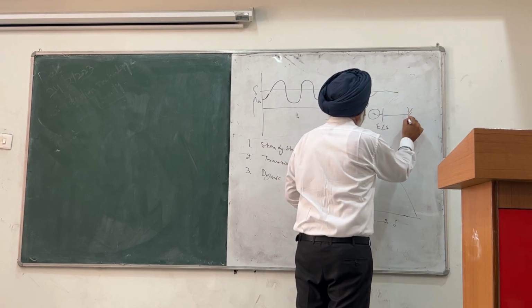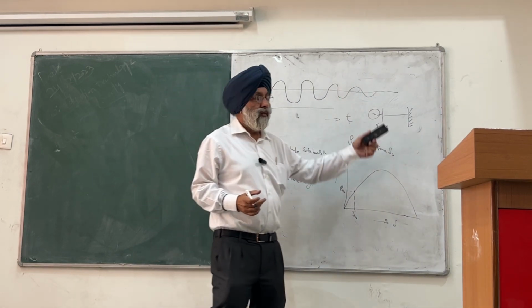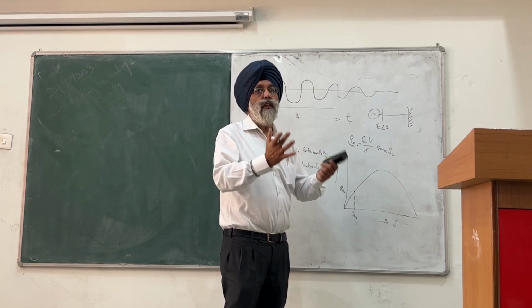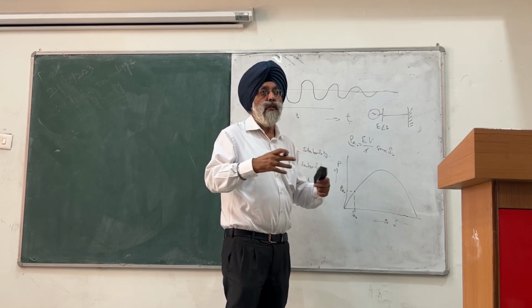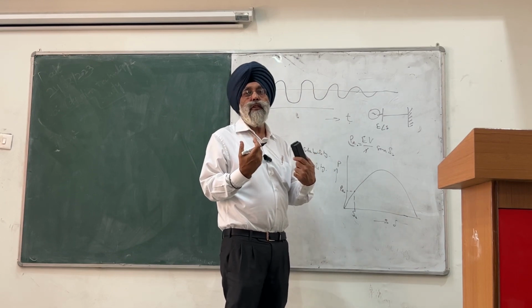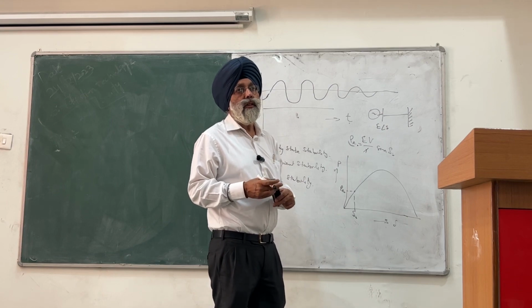And this generator is supplying to an infinite bus. Infinite bus means its voltage level is not changing. However much power we give to it, or however much power we take from it, its level is not changing. That is why this is known as an infinite bus.